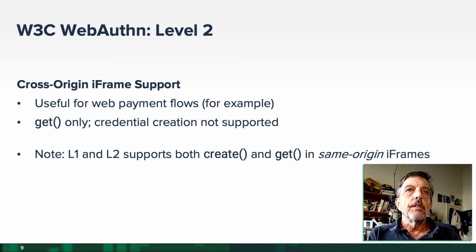And this allows someone to embed a cross-origin iframe, and the cross-origin iframe is able to exercise web authentication for authentication, also known as GET, as in GET assertion only. It's for privacy reasons, we're not allowing credential creation in cross-origin iframes.